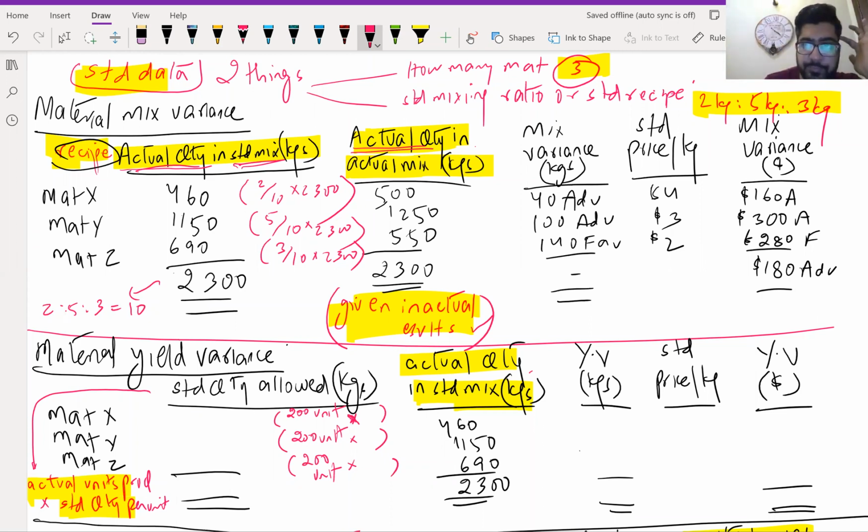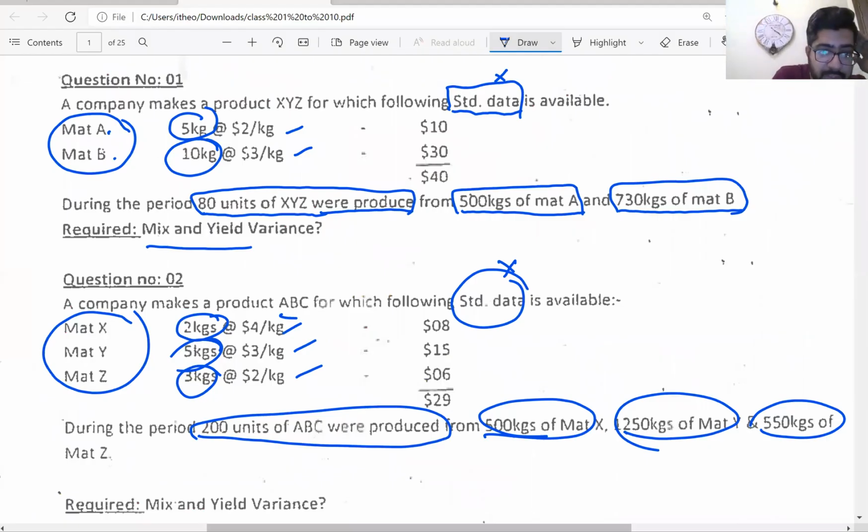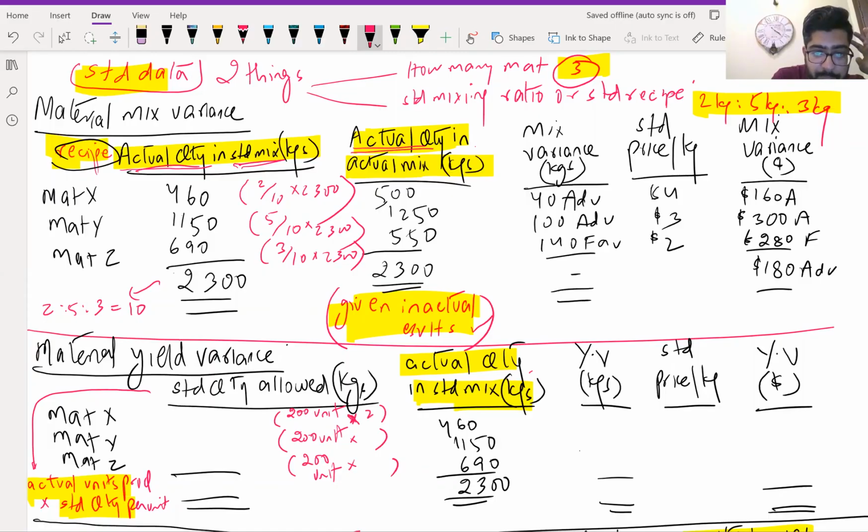Go to the standard data; this is the quantity, not the price: 2, 5, 3. So 400, 1,000, 600. This makes it 2,000.